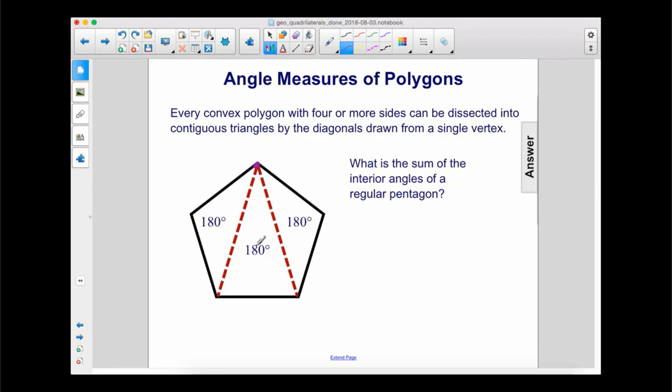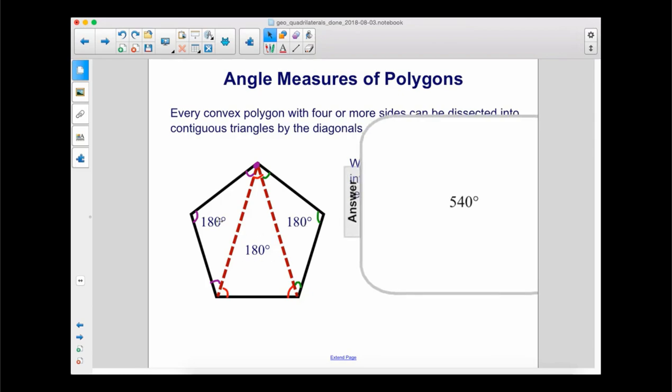So if you have 3 triangles, which means that this angle plus this angle plus this angle equals 180, this angle plus this angle plus this angle equals 180, and this angle plus this angle plus this angle equals 180, all you have to do is take 180 and multiply it by 3, and you get 540 degrees. All of these angles added together equal 540 degrees.